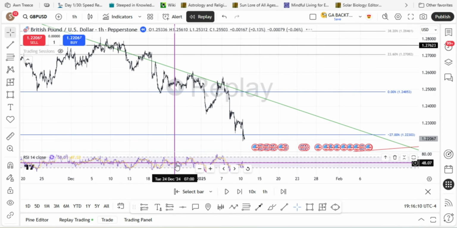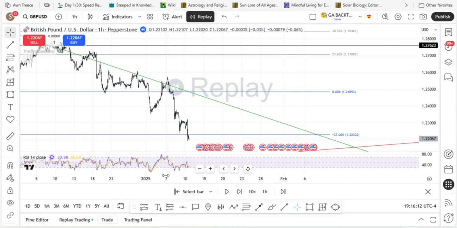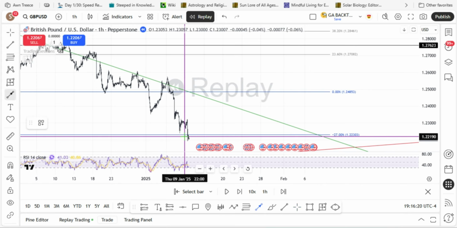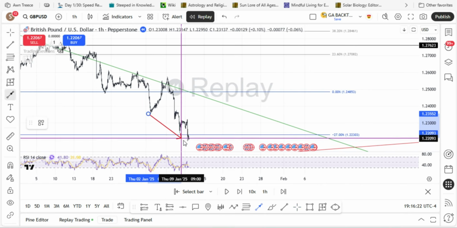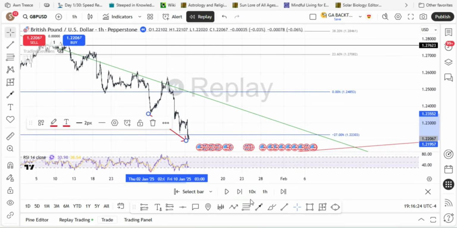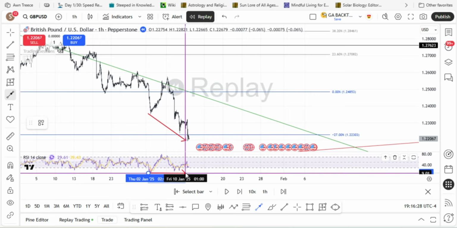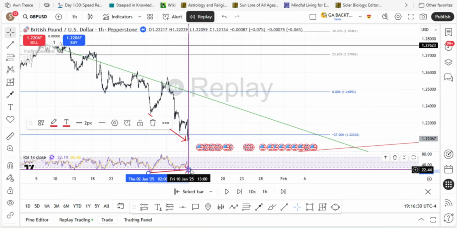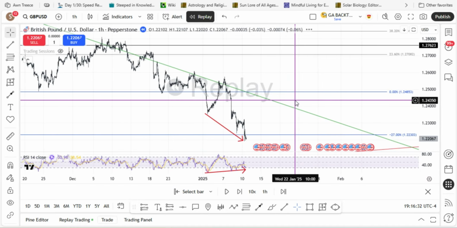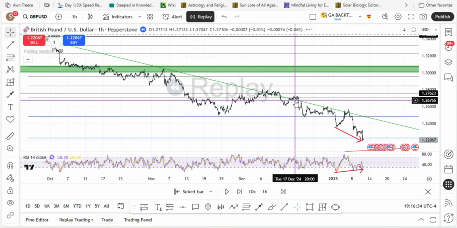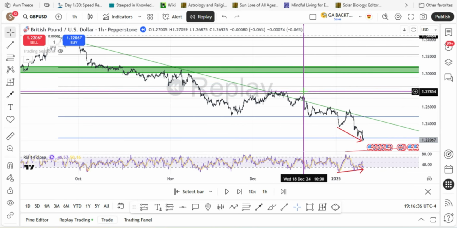With the 1 hour, okay, now that's looking like divergence. So we'll go ahead and mark that up. All right, divergence on the 1 hour. Let's see if we have any zones we can add.